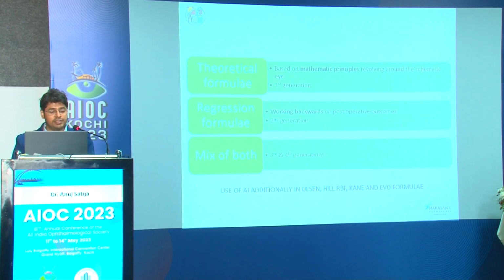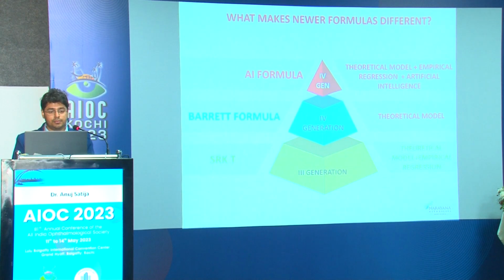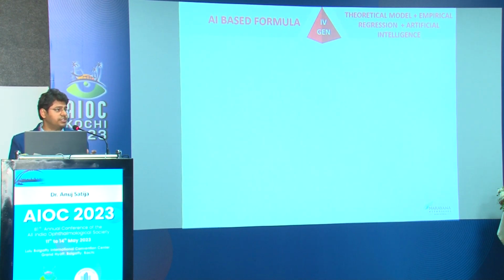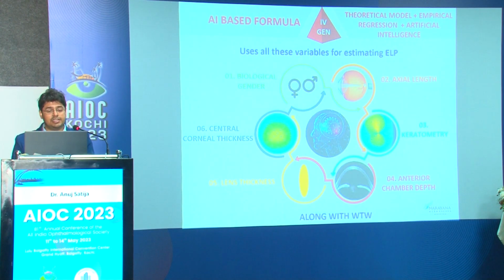The third and fourth generation formulas use both, and the artificial intelligence based formulas use higher mathematics and complex equations to figure out better prediction accuracy. What makes the newer generation formulas better is that they combine the original theoretical model and regression with artificial intelligence. They use more variables for prediction of ELP and therefore prediction of the eventual IOL power.